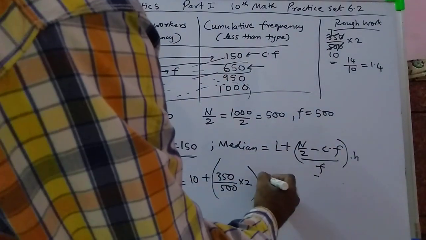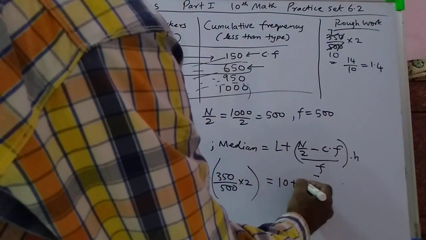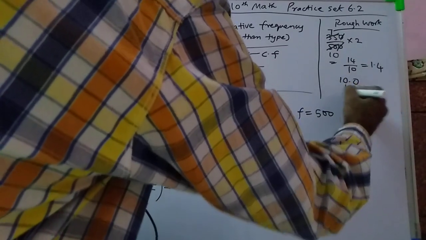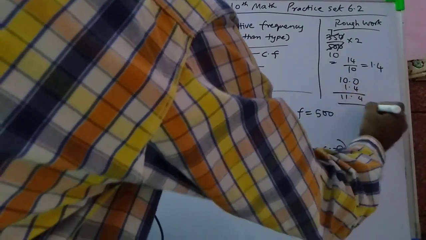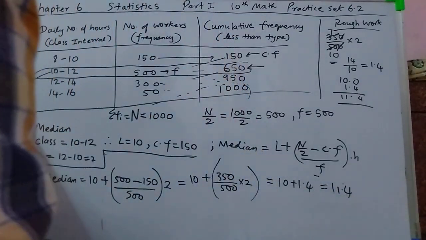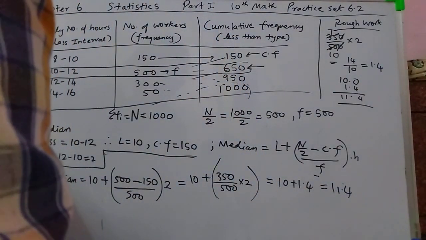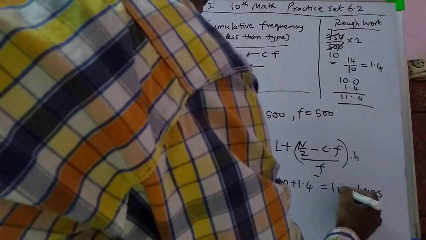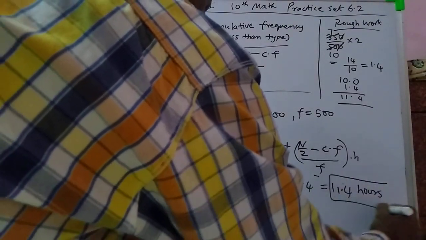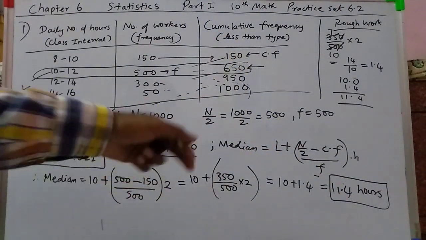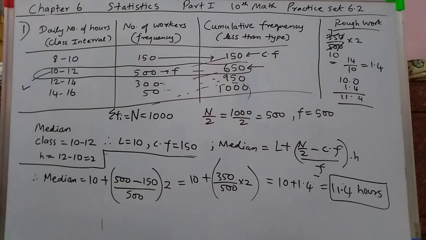That you write it here. 10 plus 1.4 will become 11.4. So this is the final answer for this. I hope you got this. I will do the next problem.